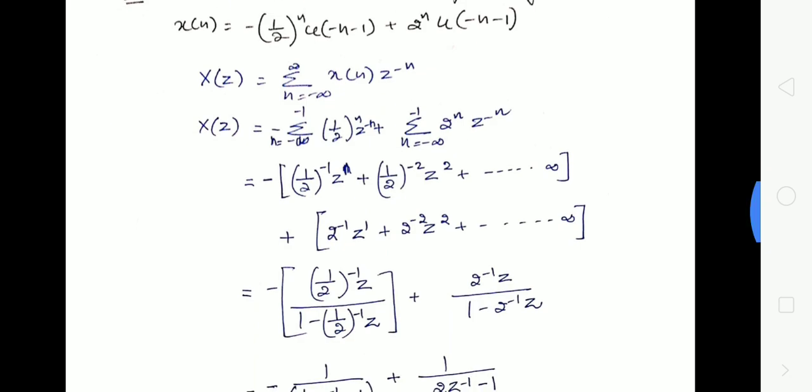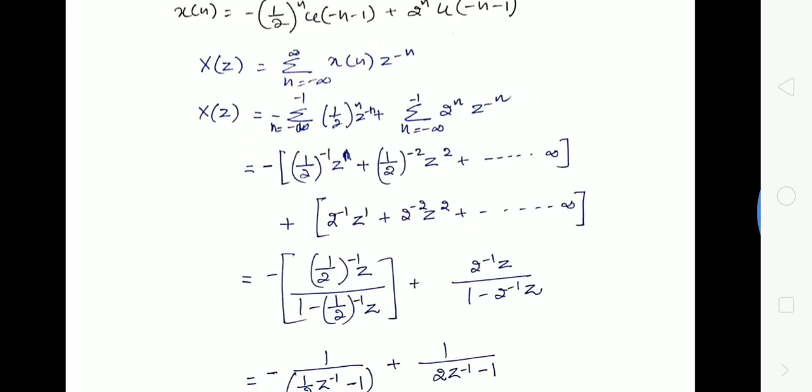Now again we will take the formula of Z transform, X(z) is equal to summation n is equal to minus infinity to infinity x[n] z raised to the power minus n. We will put the value of x[n] here and put the limits according to u[minus n minus 1]. So the limit will become minus infinity to minus 1.